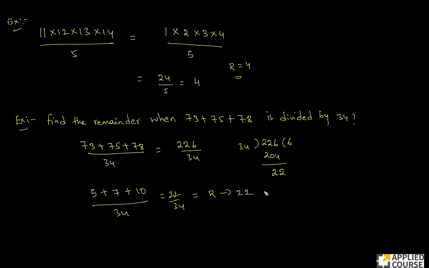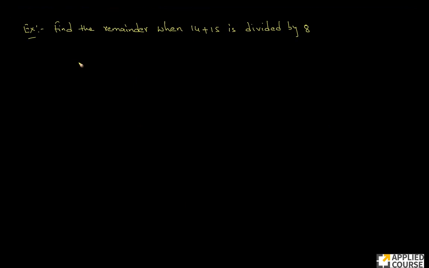One more example, shall we do? Now see another sum on addition. Find the remainder when 14 plus 15 is divided by 8. 29 by 8. For easy understanding, I am giving small numbers. It might seem easy, but by applying the remainder theorem it will be even easier. 8 threes are 24, so the remainder is 5.